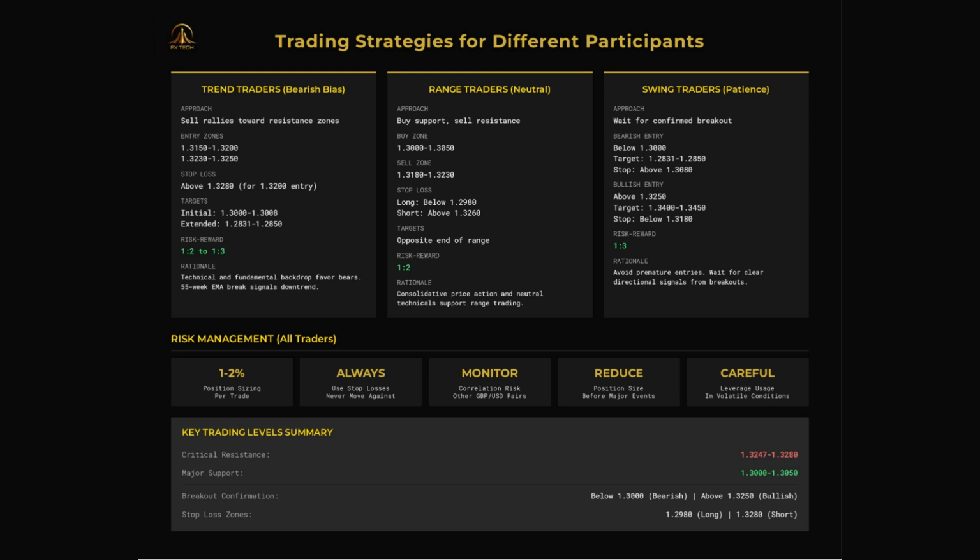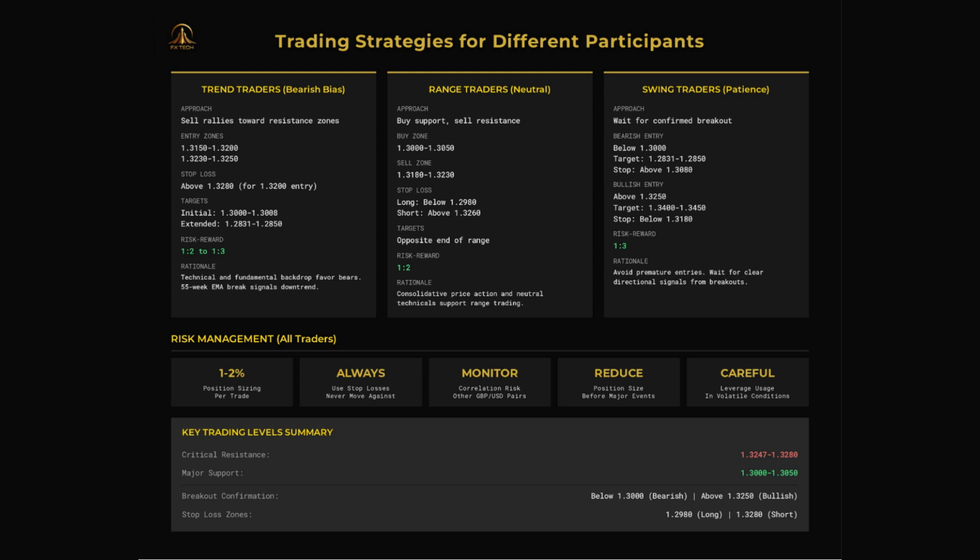For trend traders with a bearish bias, the approach is selling rallies toward resistance zones between 1.3150 and 1.3250, with stops above 1.3280 and targets at 1.3000 and 1.2831, offering risk-reward of 1 to 2 to 1 to 3. The rationale is that technical and fundamental backdrops favor bears.